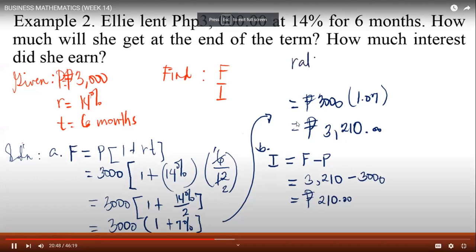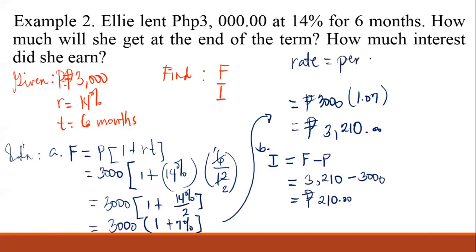So take note na yung rate natin is per annum. Ibig sabihin, kada taon. Ayan. So, halimbawa yung term na nabigay doon sa problem is 6 months. So, convert natin yan into year. Kaya, we divided 6 months by 12.